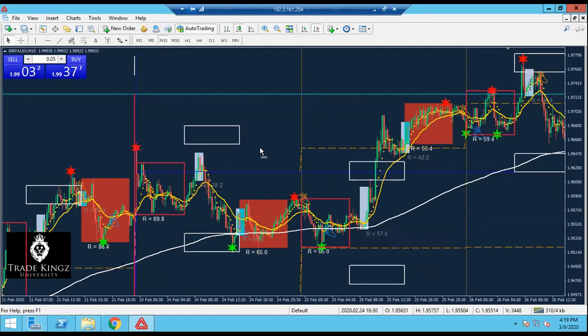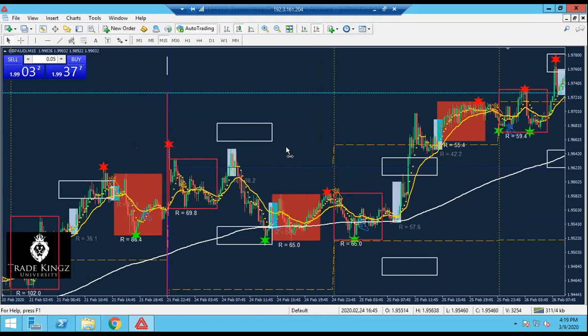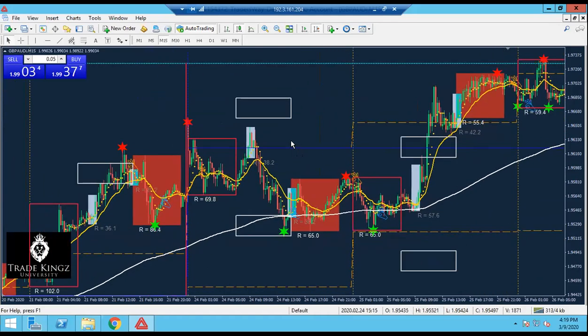Why is that like that? I guess it's the previous day high. I think it's sitting on top of each other. That's all it is. The previous week and the previous day high are sitting on top of each other.